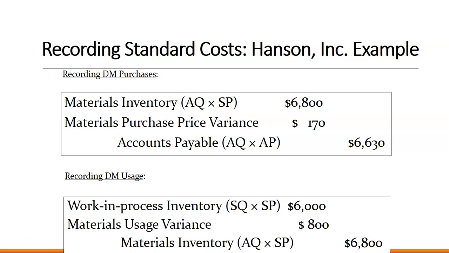Our accounts payable is the actual quantity at the actual price. But what is recorded in our materials inventory and our work in process inventory and all of our inventory throughout is just the standard price. Then we would record variances in separate variance accounts.